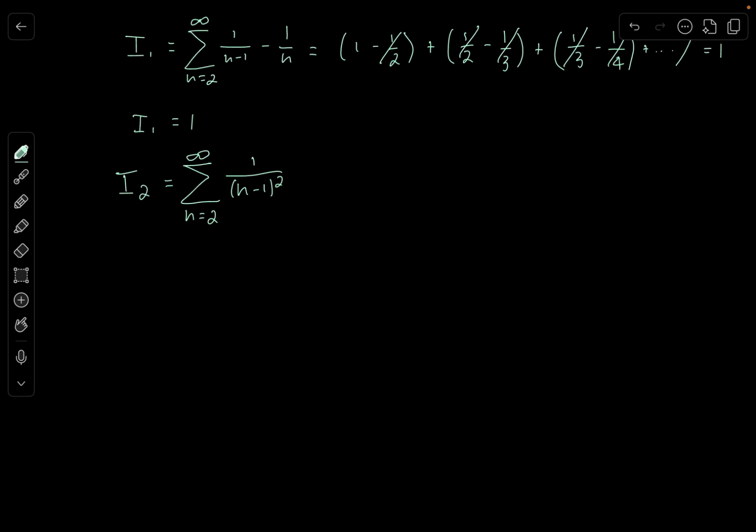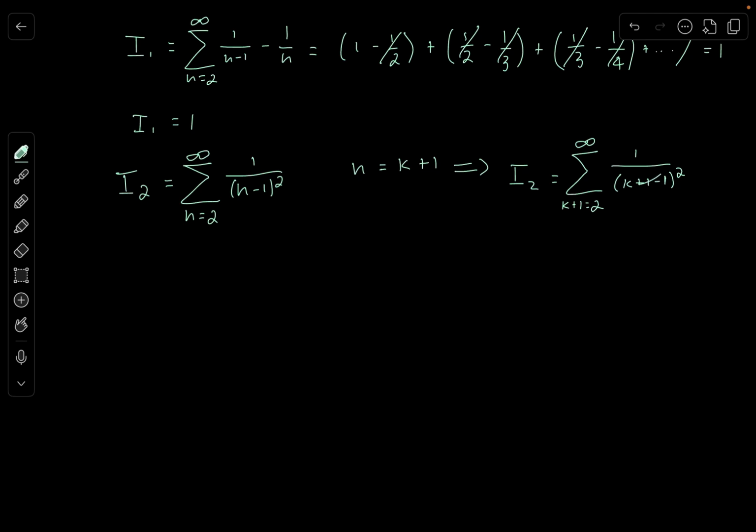And what I'm going to do is say n is equal to k plus 1, which implies that I sub 2 is equal to the sum from k plus 1 equals 2 to infinity of 1 over k plus 1 minus 1, squared.